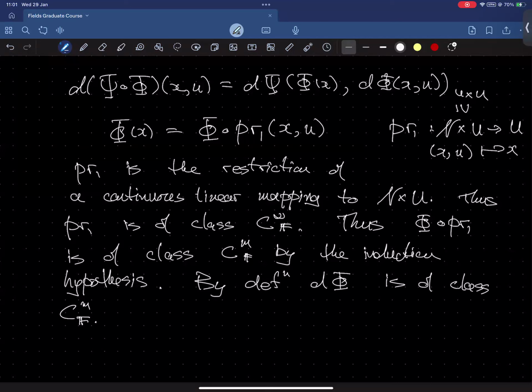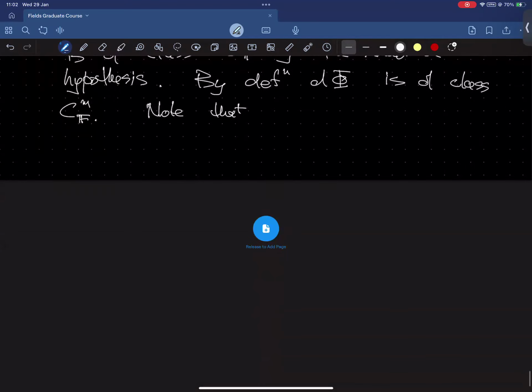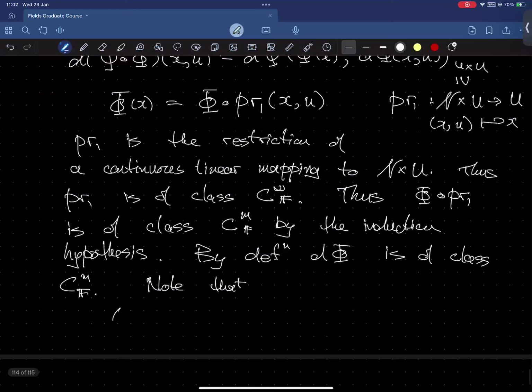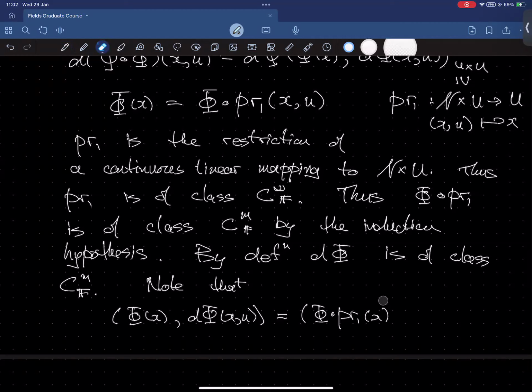All right, so now we note that d phi of x and u, another way to write that is d phi composed with PR1 of x and u.